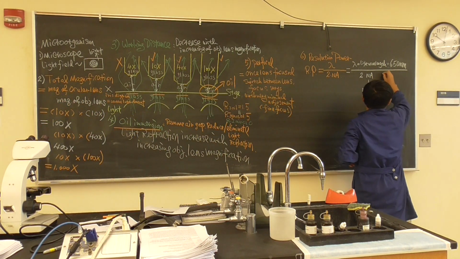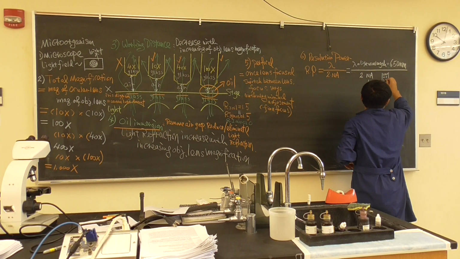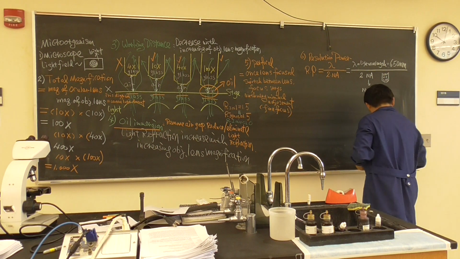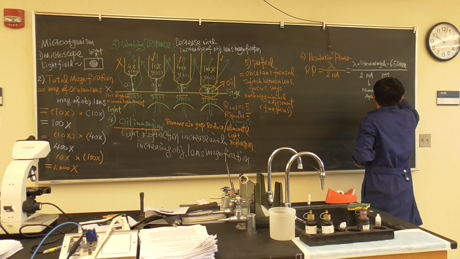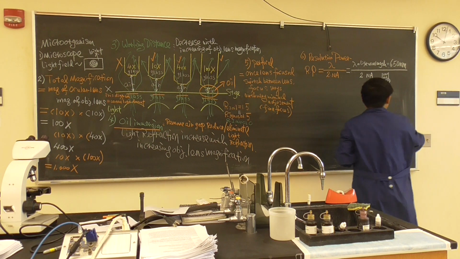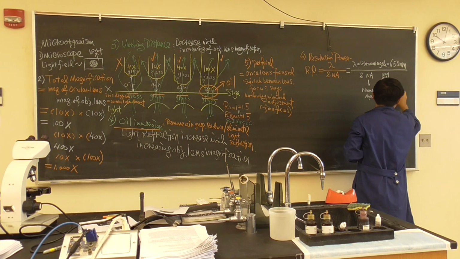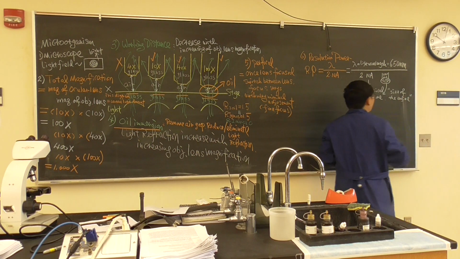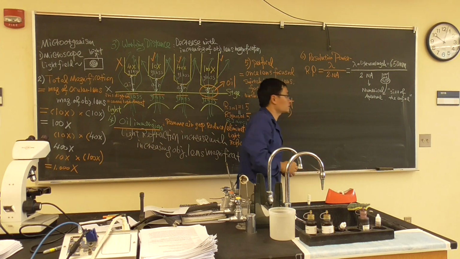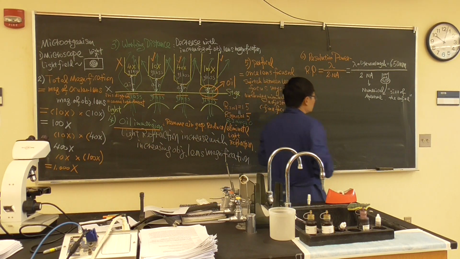So in this lens, you see 100x, and you have a number 1.25. This number is the numerical aperture. I always say this is like the size of a car engine, and here is the size of the microscope engine. So you can do a calculation.